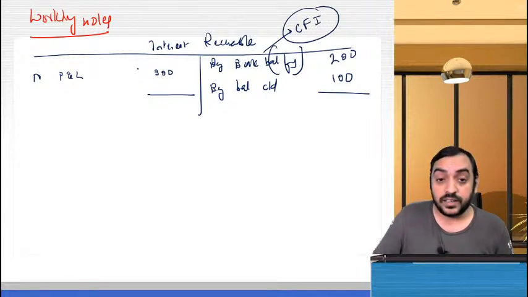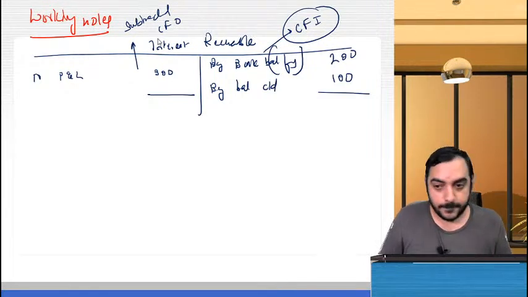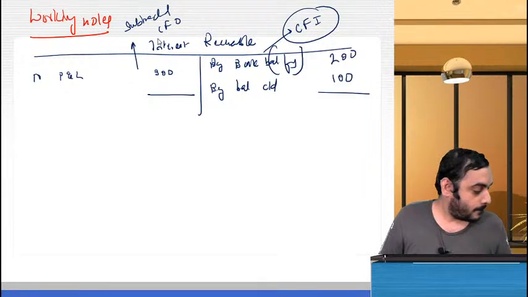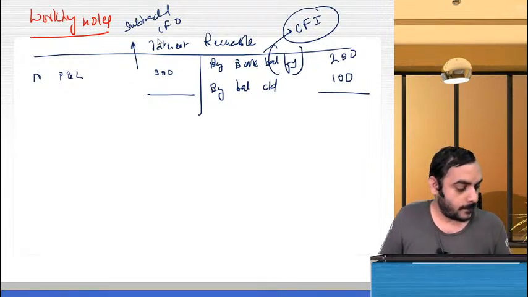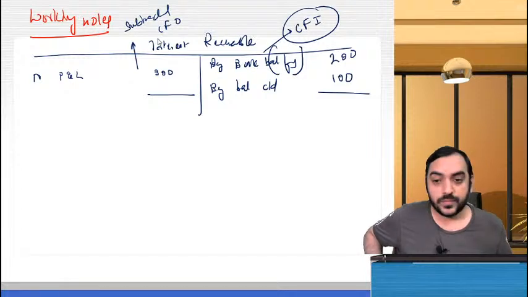And this 300 is subtracted from cash flow from operating activities. Hope you are clear with respect to this.